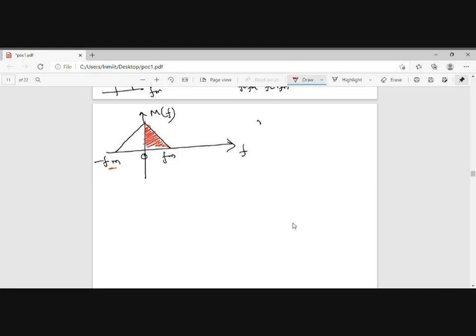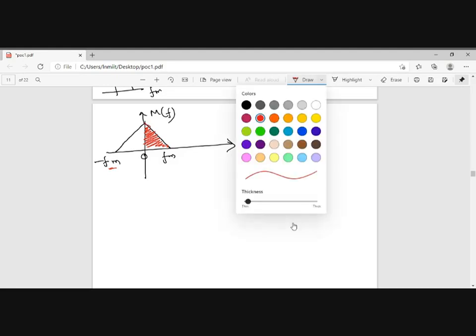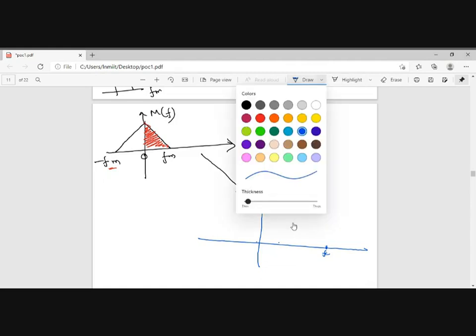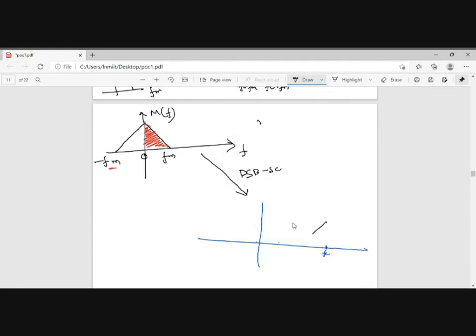ठीक. अब जब हमने इसको मॉड्यूलेट कर दिया, when we modulated it, any DSB SC or FC, जो भी करना चाहूँ, right? So I will be getting, now my axis has changed, my reference will be changed from 0 to FC. Okay, so now what I will be getting is this thing.